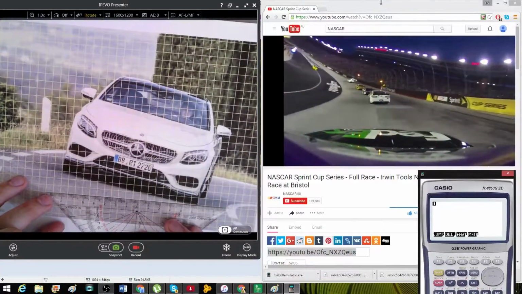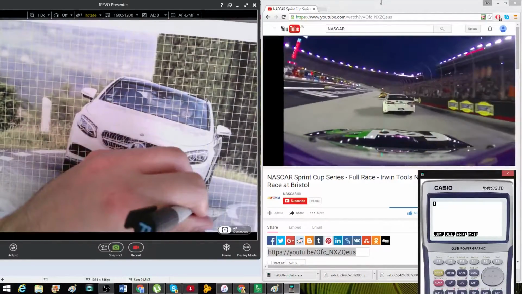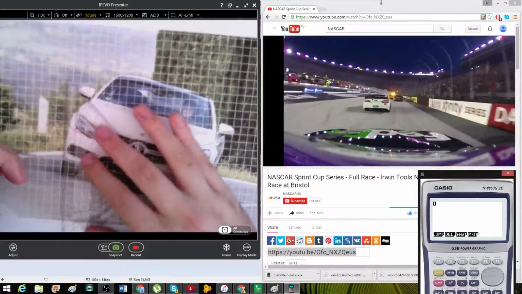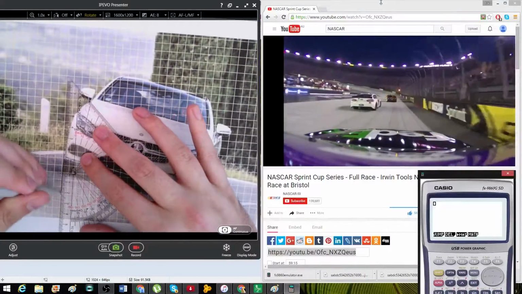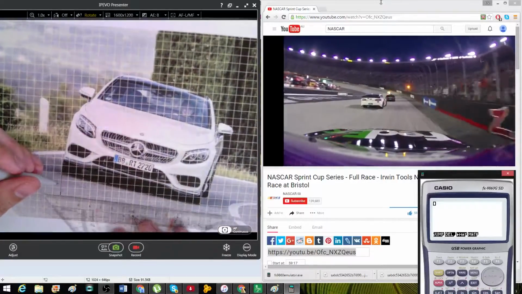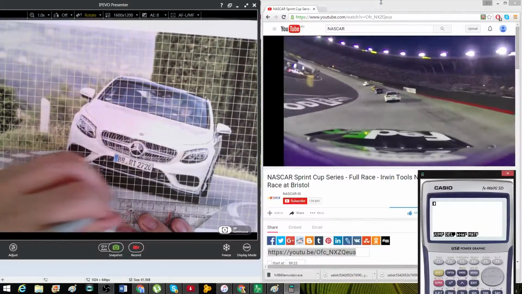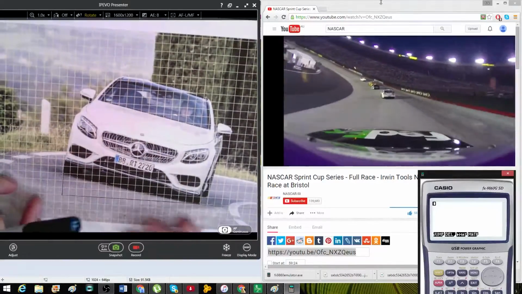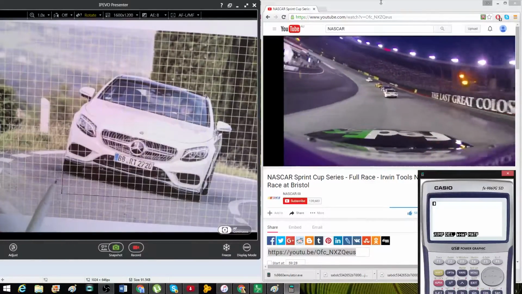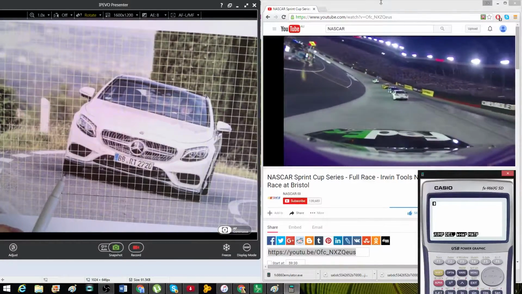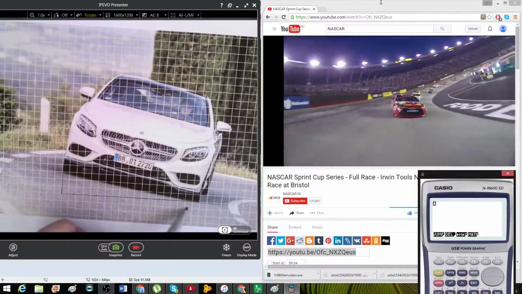Okay, so what I've done is pretty much follow the edges of the tires. The edge of the tire here lines up nicely with this point, and the other one lines up over here.